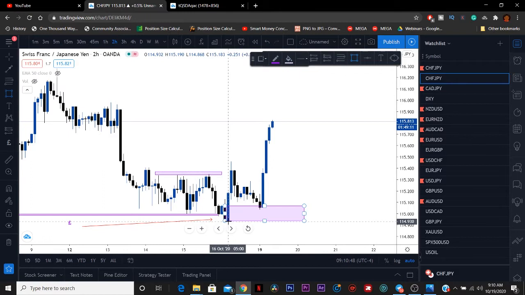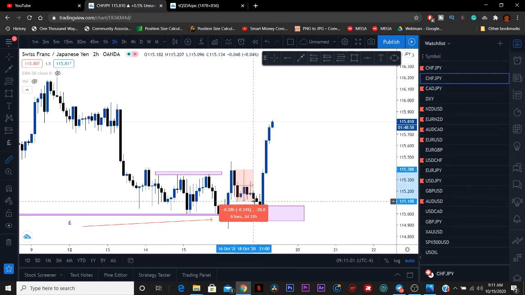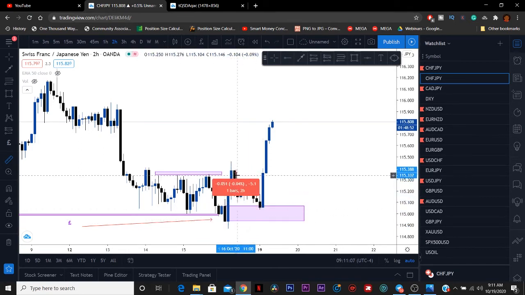You see how fast this market went to the upside? Hold on, let me grab it. You see how fast this market exploded to the upside in 2 hours, and see how slow we came back down. This is a correction. We took damn near 2 days to come back down, but we impulsively moved in 2 hours.